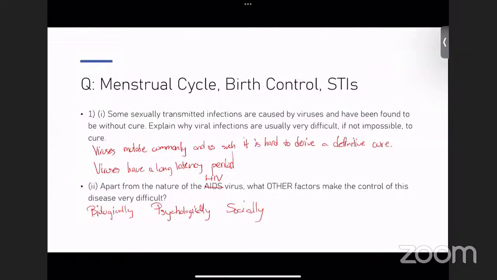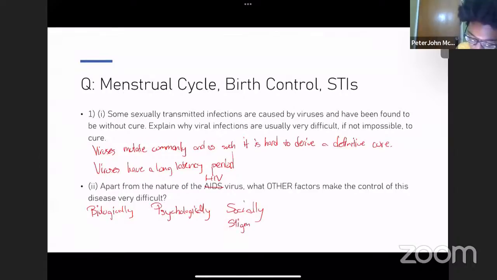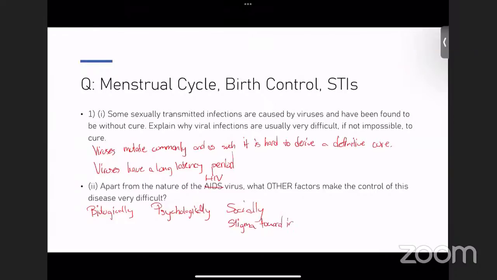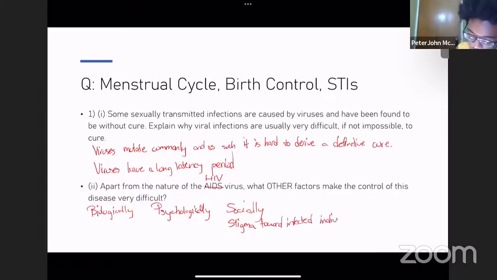Biologically, sure. So the answer for this question could be that it's hard to control because people would stigmatize those who have it, so they won't come out and say they have it. Stigma toward infected individuals. Perfect.